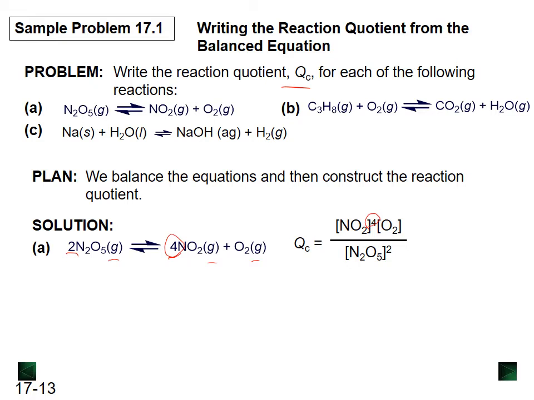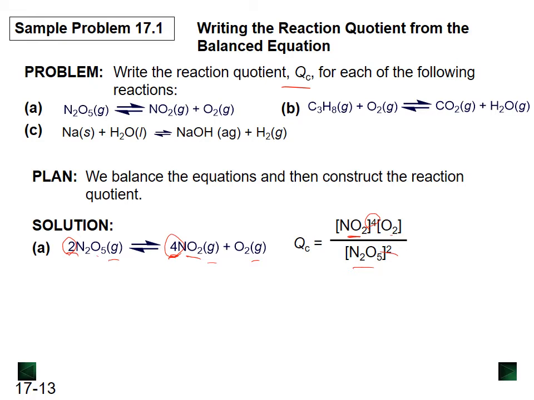So the product NO2 raised to the 4th power times oxygen, divided by reactant N2O5 to the 2nd power, because you have a 2 here. So balance the reaction, and if it's a homogeneous or gas phase reaction, then you just include all of them. Don't forget the coefficient.